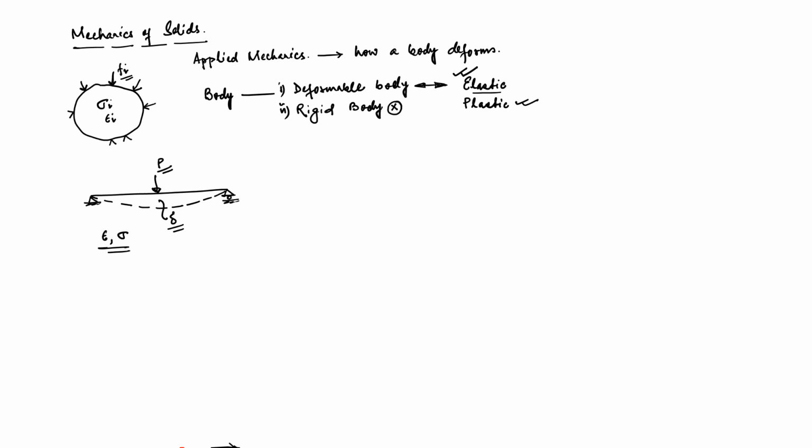Now, there are different examples in civil engineering. For example, we take say beam, column, then slab. These are the different examples of elastic body.